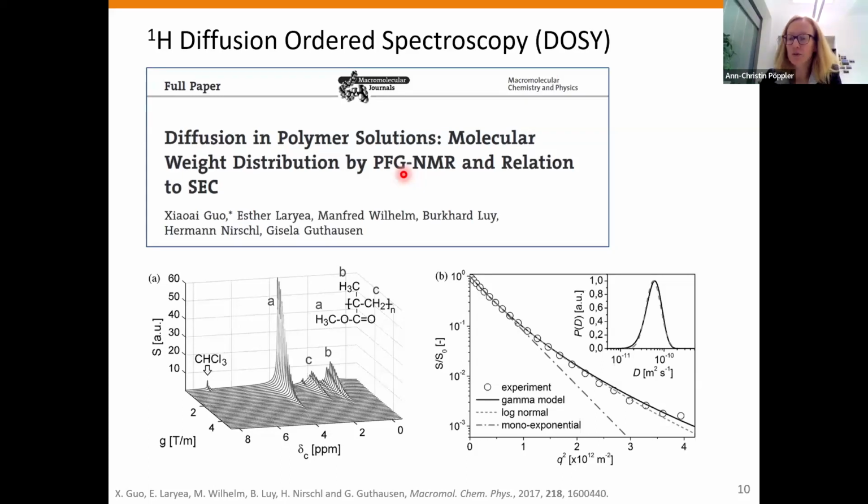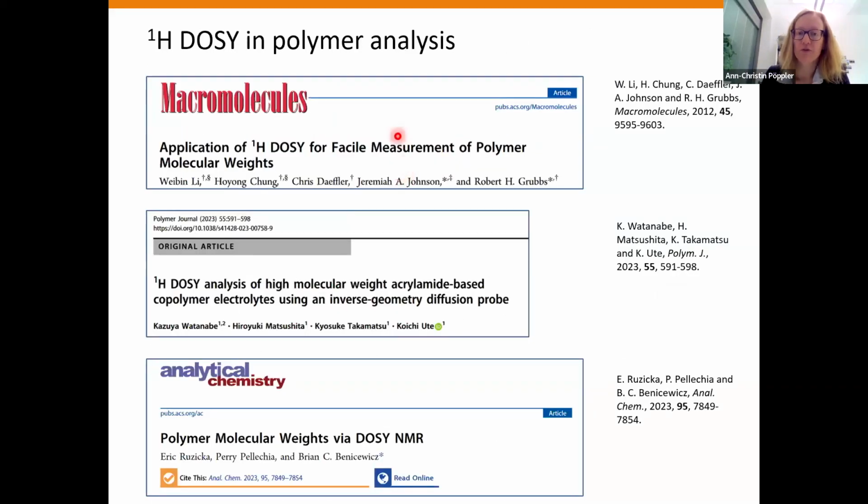And this is not the only work that is related to DOSY on polymers. So I have a small collection here of other works, for example, here where DOSY was used to facilitate the molecular weight determination. Then there's one where there was even a specific probe design to make this determination more efficient.